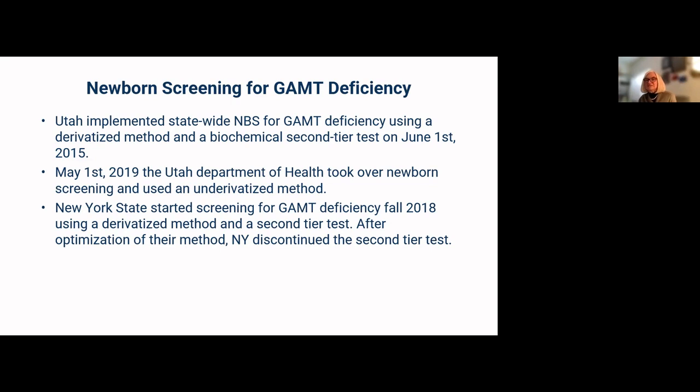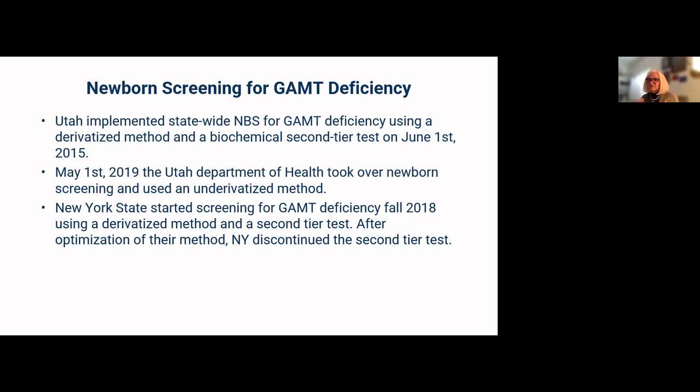New York State started screening for GAMT deficiency in the fall of 2018. They used the derivatized method and the second-tier test. After optimization of the method, they discontinued the second-tier test.